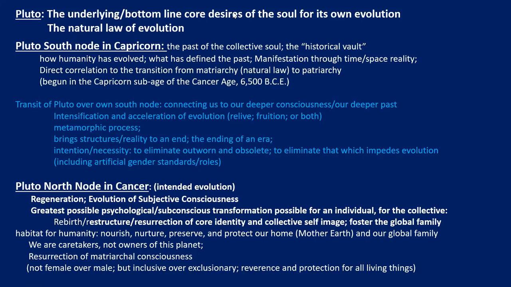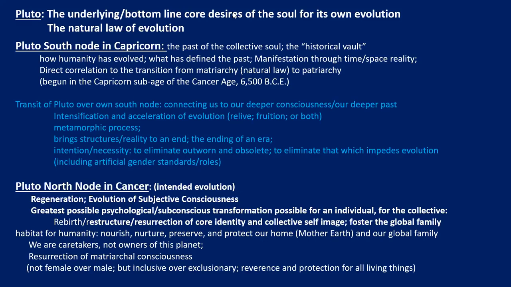Pluto was discovered near its own south node in the 1930s, and that was the time when Hitler was rising to power, and we have a resurgence of neo-Nazism and so forth, right? So we have fear bases. One way or another, Pluto will accomplish the evolutionary journeys. So I was just thinking as well, Pluto rules genetics, right?